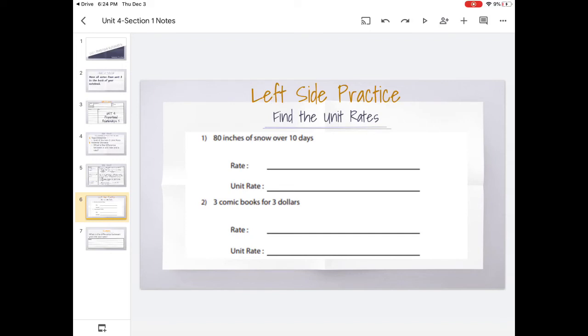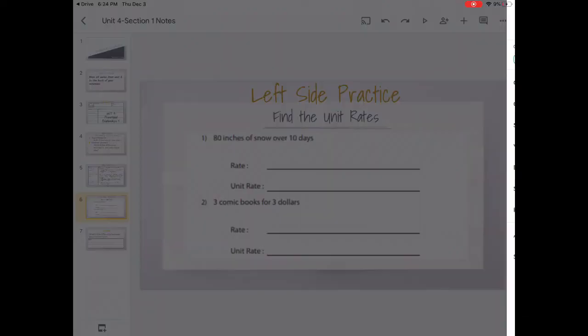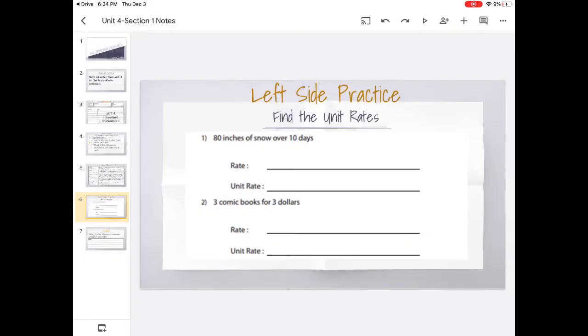Okay, now that we have our examples, we're going to go ahead and have you guys do some practice on the practice side. So on the left side of yours, if you guys will please go ahead and write number 1 and number 2. And we're going to take the idea of what is the rate that it's giving us, and then we're going to find the unit rate.